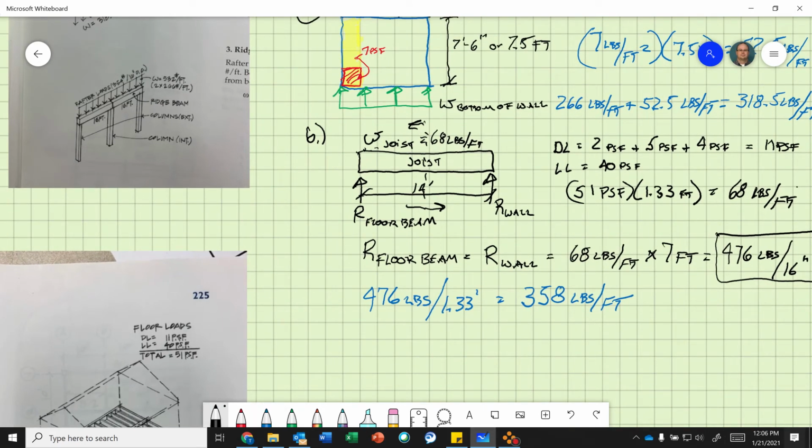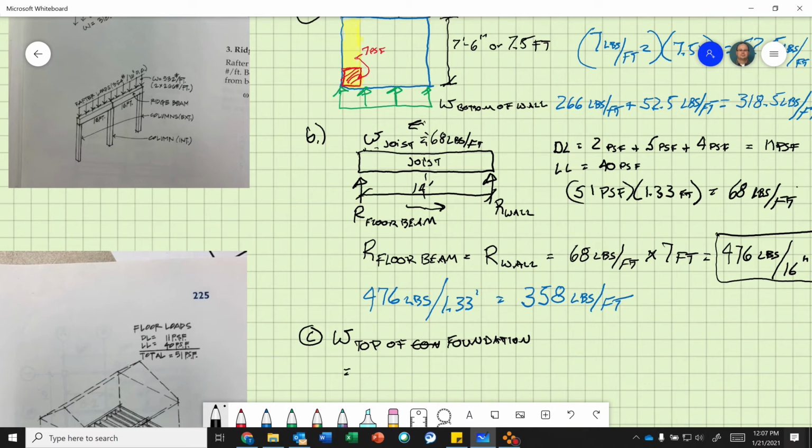Okay, so part C, our load per foot at the top of the continuous footing, top of foundation wall for the continuous side, the two exterior walls. Continuous top of foundation equals.